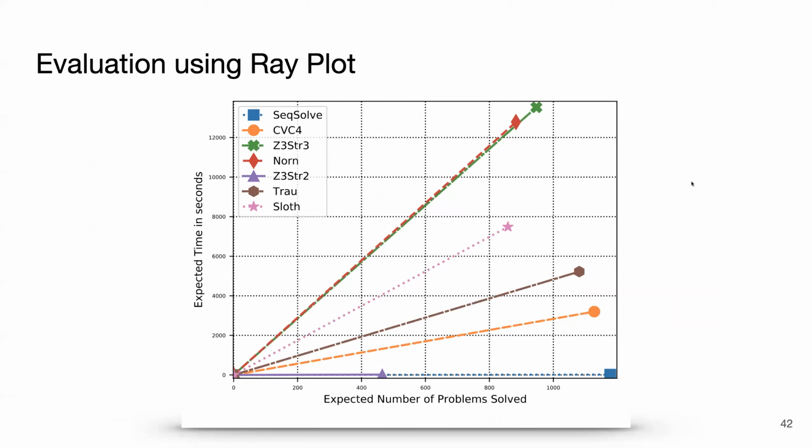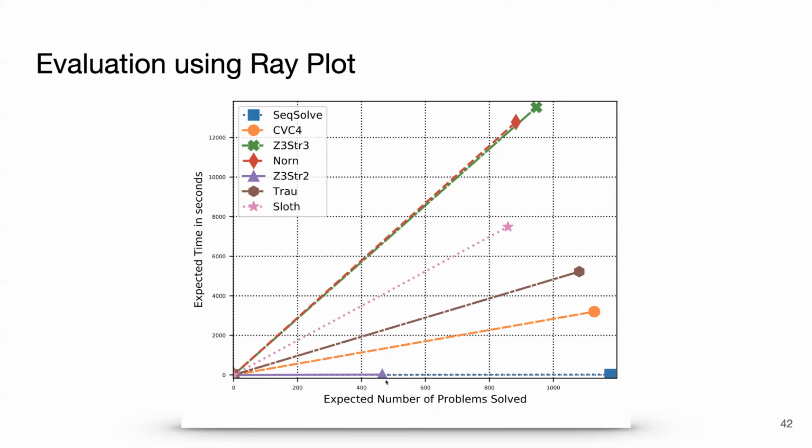So we now present the notion of ray plots. This is the simplest way to compare solvers, as we found out. The y-axis represents expected time in seconds, and the x-axis represents expected number of problems solved. For example, let's consider the 600 problem line. How many solvers can be expected to solve 600 problems?